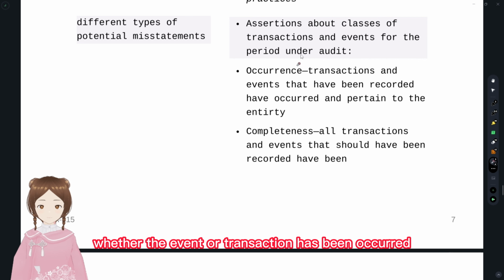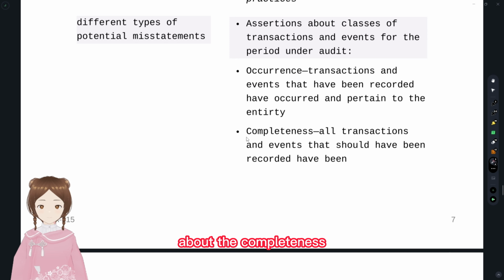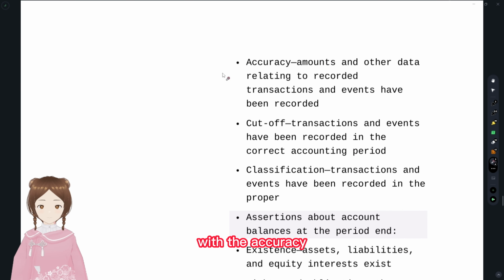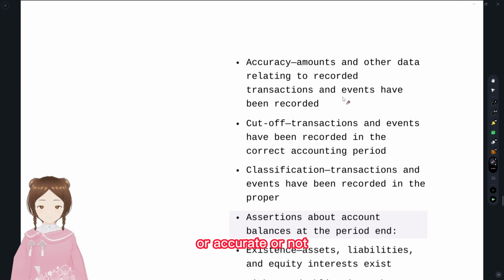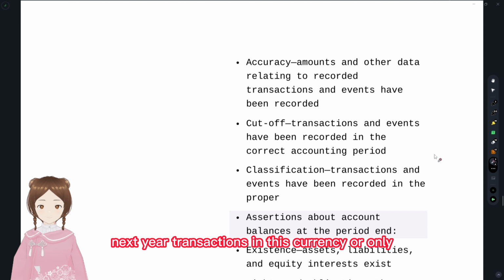Completeness: whether all the transactions have been recorded or not. Accuracy: whether the amounts and data recorded were accurate or not. Cutoff is where transactions have been recorded in the current accounting period. It should not include next year's transactions in this current year. There should be a proper cutoff also.